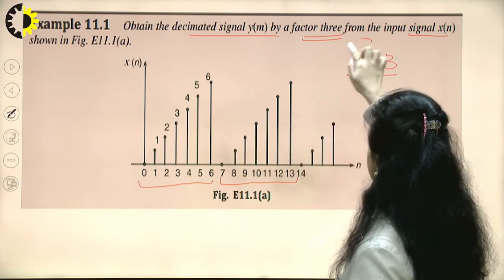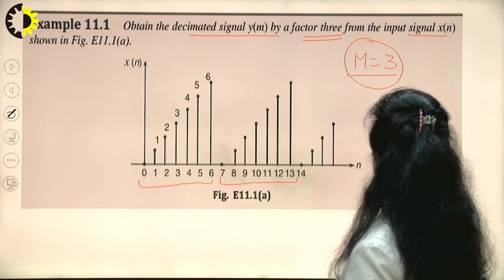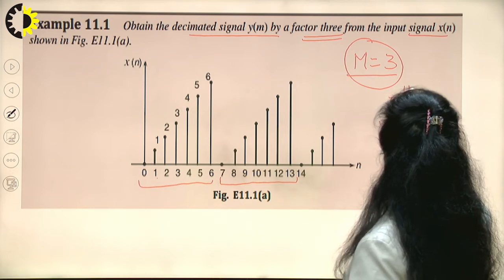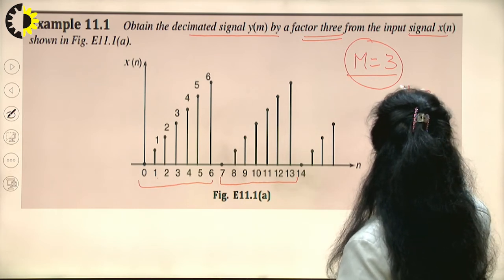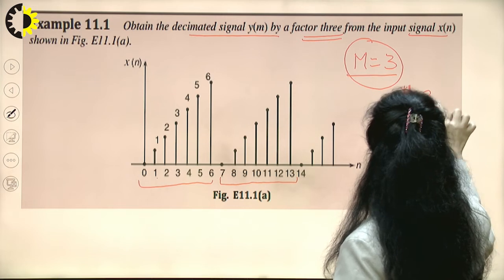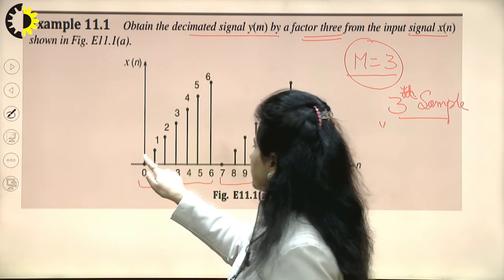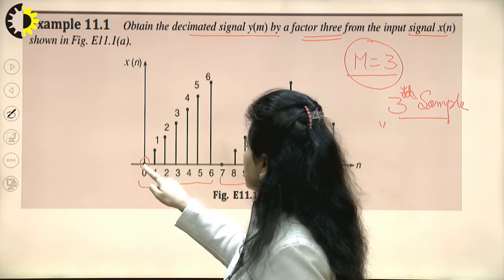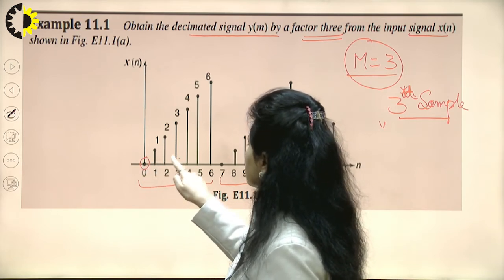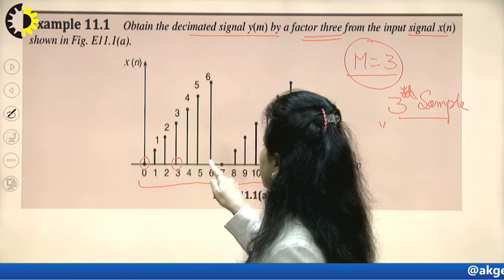When I talk about M equal to 3, that means I have to pick up every third sample. If I pick up the 0th sample first, then it will be 0th, first, second and third, first, second and third, and so on.